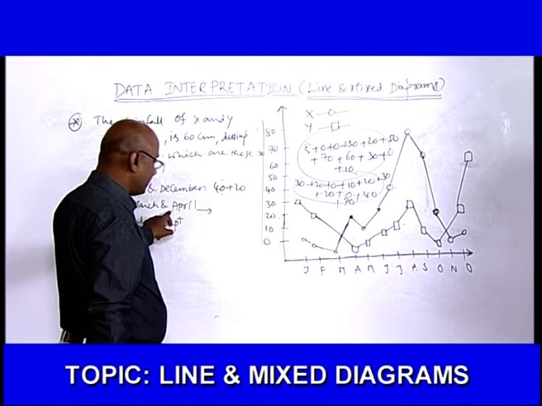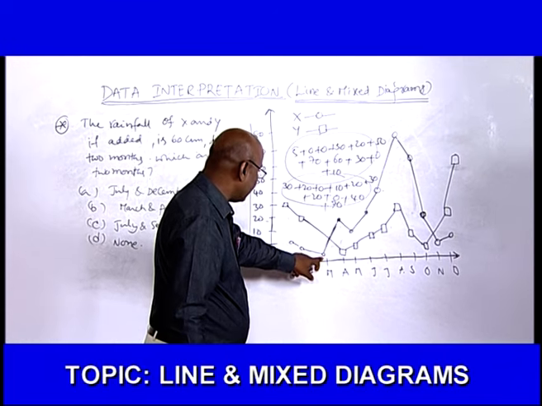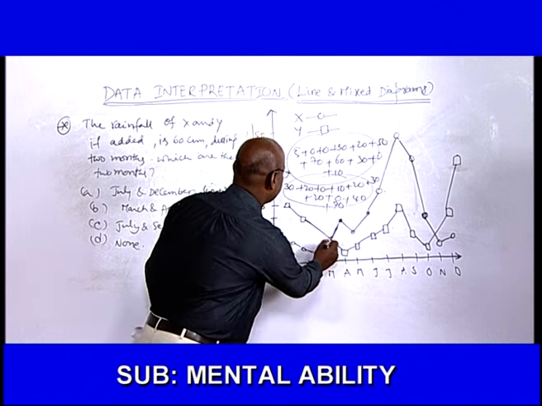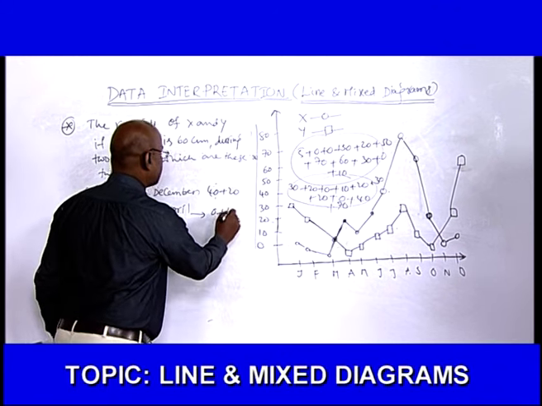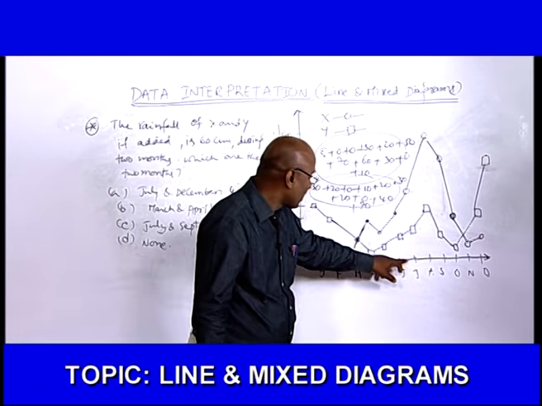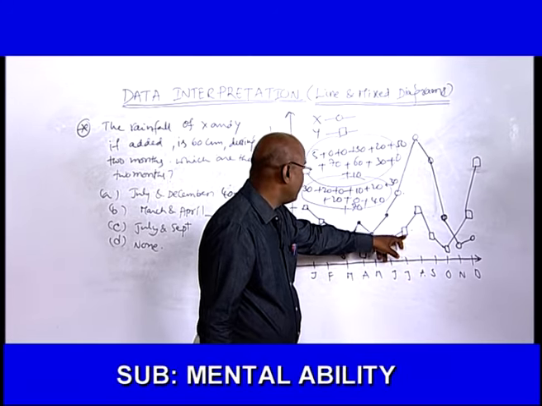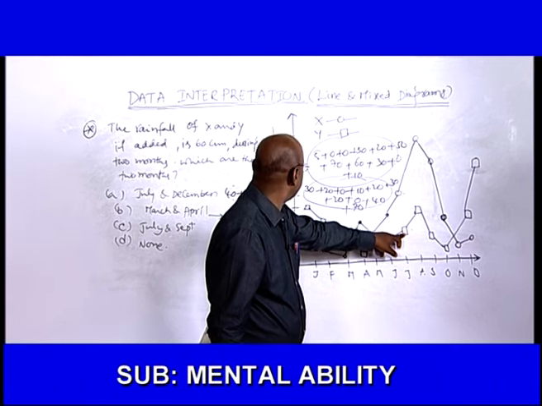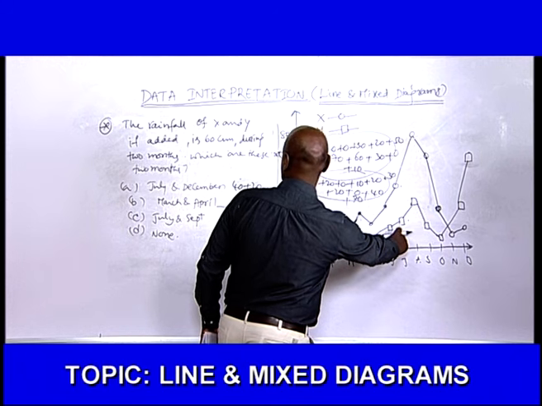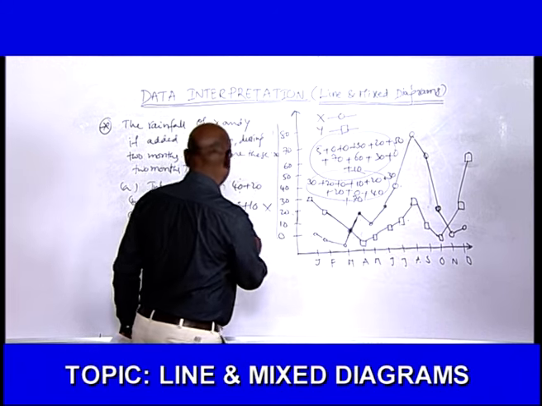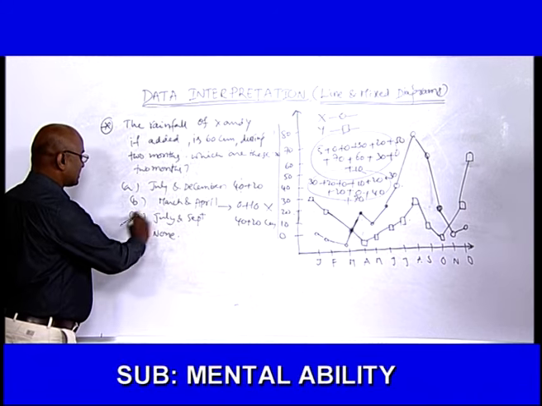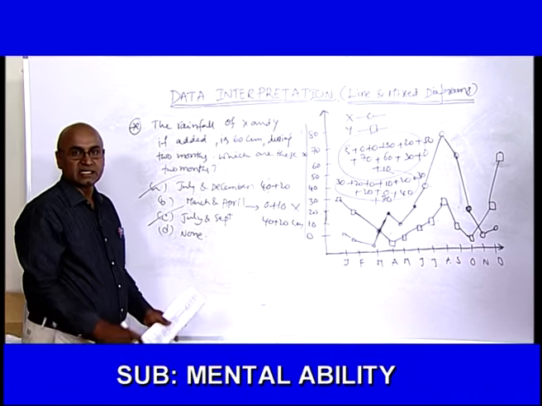And in the month of July and September, the rainfall of X is 40, so 40 plus 20. So it is also 60 centimeters. So there are 2 answers. A and C both are the answers in this case.